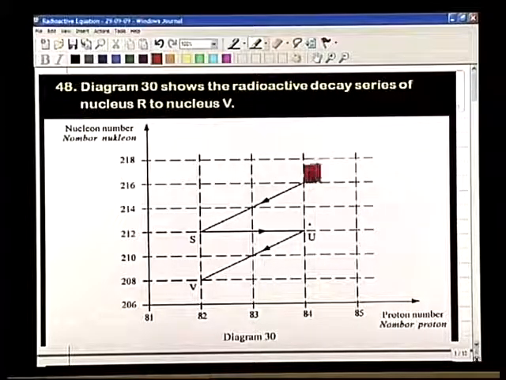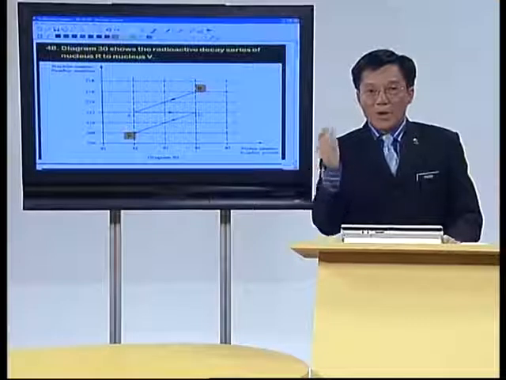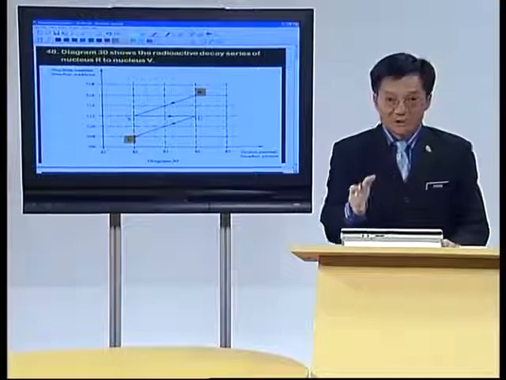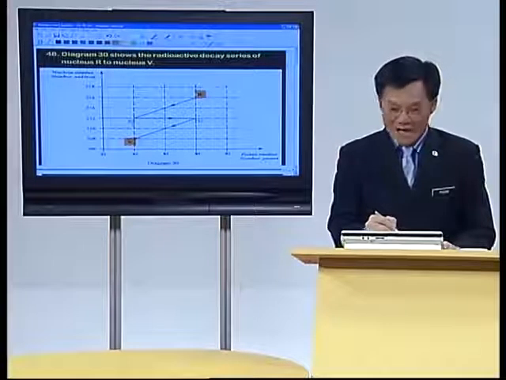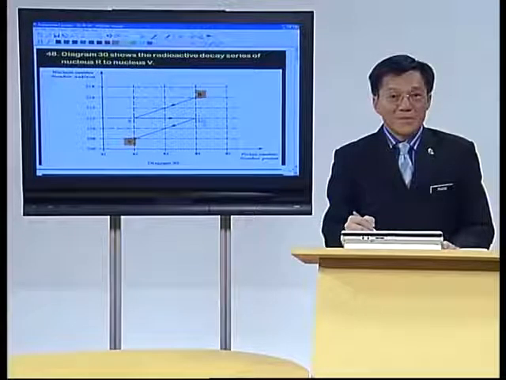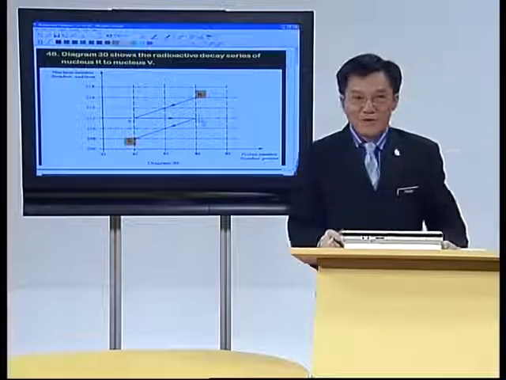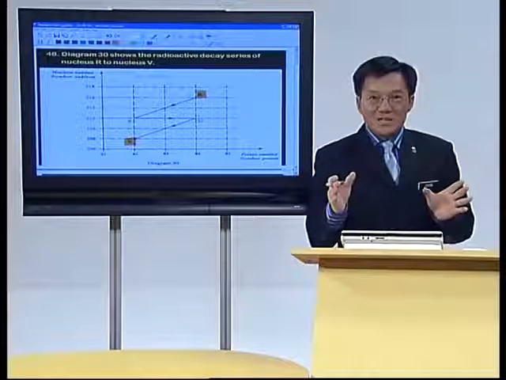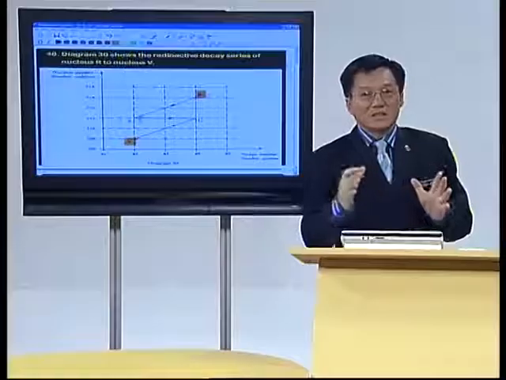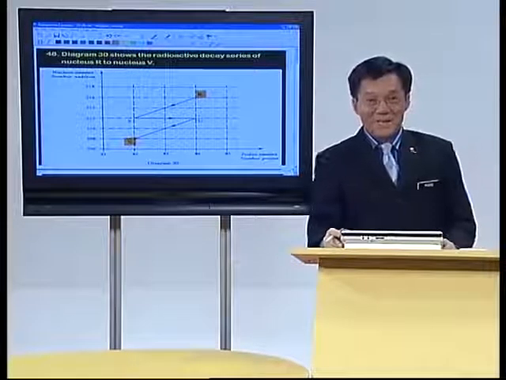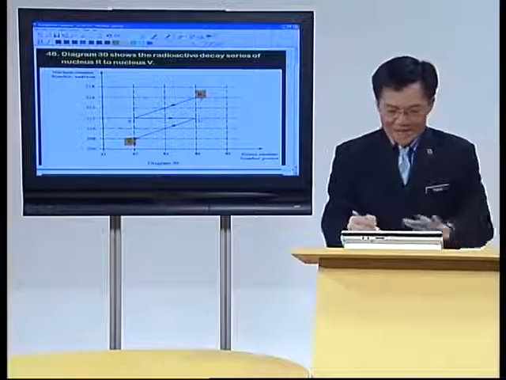So this is R and this is V. So we want to go from R to V. I'm not interested in S. I'm not interested in U. So the first step for you to do is you need only to look at R and V. S and U are there to distract you, that's all. Clear? Alright.